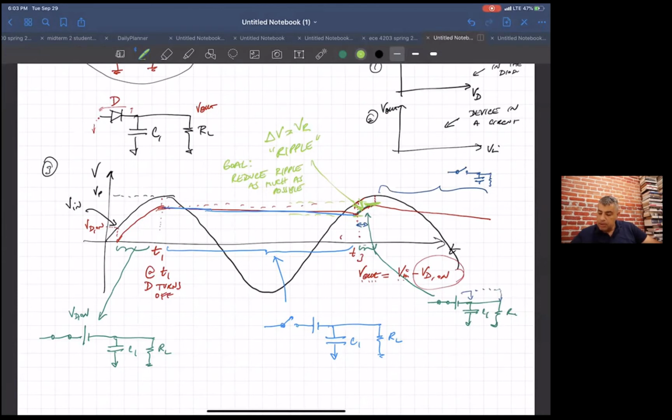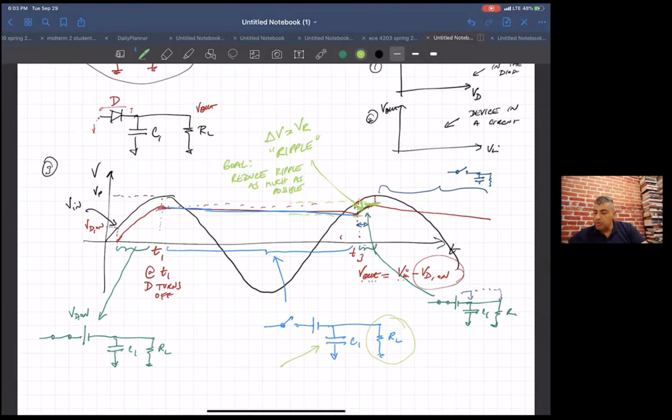The bigger the cap is, the lower the ripple. Let me take a step back here. Typically when you're designing the circuit, you don't have control over this load current. You bought that device or something like that. And you don't have control over the wall 60 hertz input either.